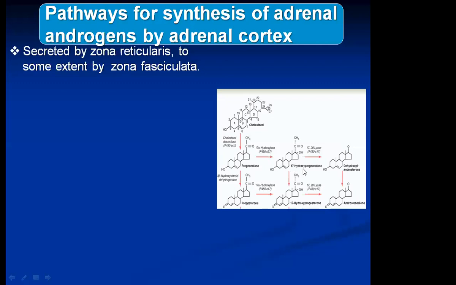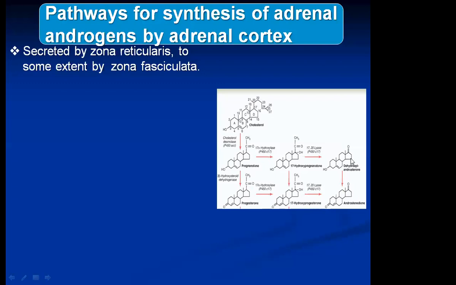This 17-hydroxypregnenolone is then converted to dehydroepiandrosterone. Pregnenolone is also converted to progesterone, and this progesterone, again under the influence of the same enzyme, is converted to 17-hydroxyprogesterone. This 17-hydroxyprogesterone, by the enzyme 17,20 lyase, is converted to androstenedione.